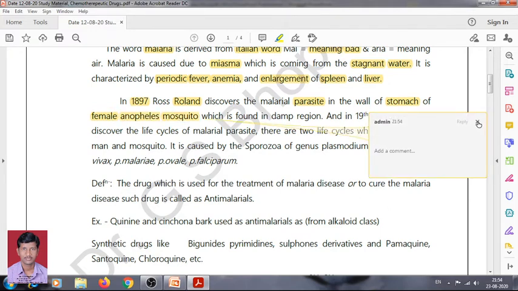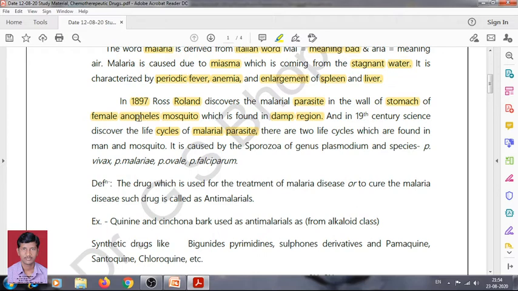Means he found the malarial parasite in the wall of the stomach of the female Anopheles mosquito, which is found in a damp region. Ross discovered only where the malarial parasite is, in the stomach of the female Anopheles mosquito.